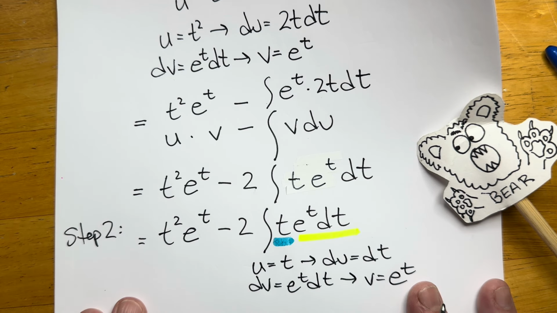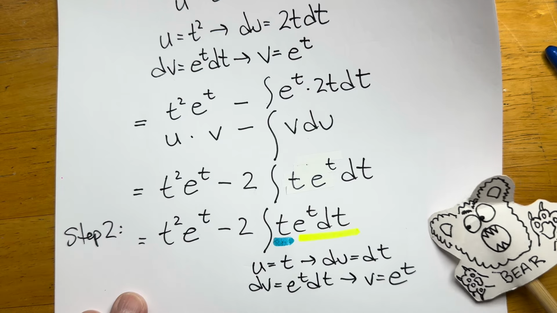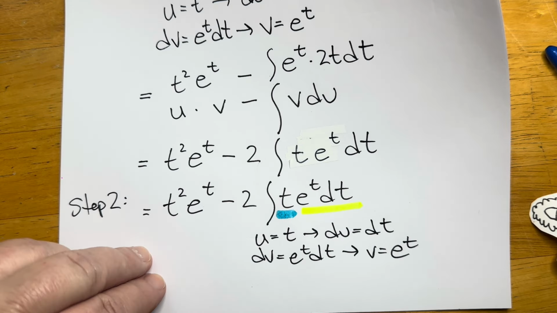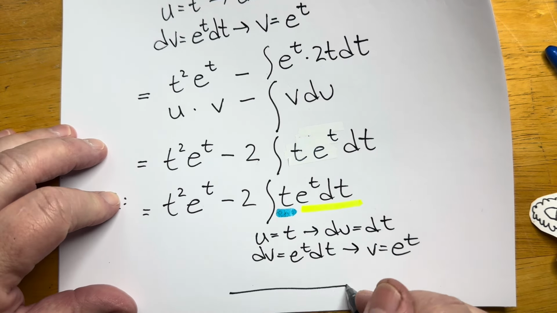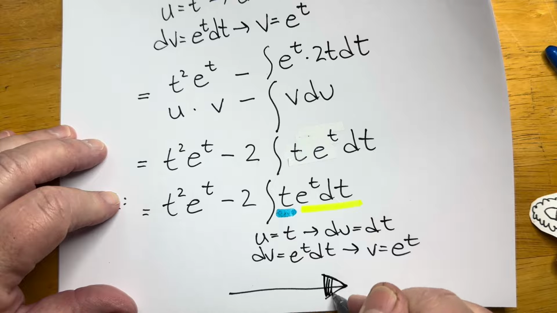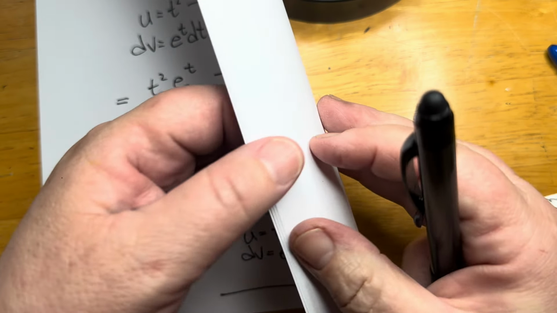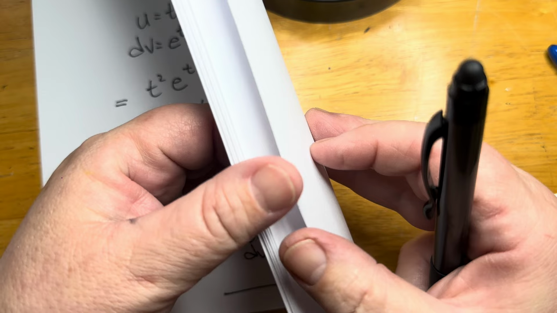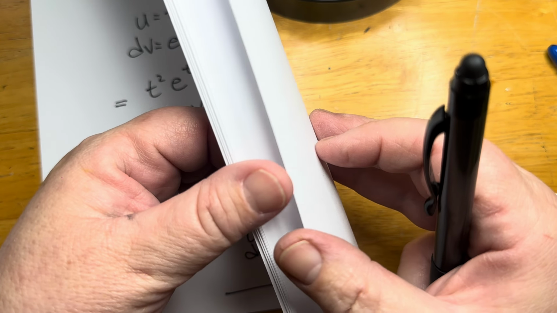And my dv is e to the t dt. So I've got, and I'm going to do a great big arrow. And now this is going to be a little bit exciting. Just a wee bit exciting.